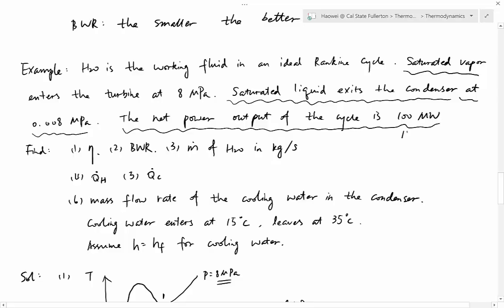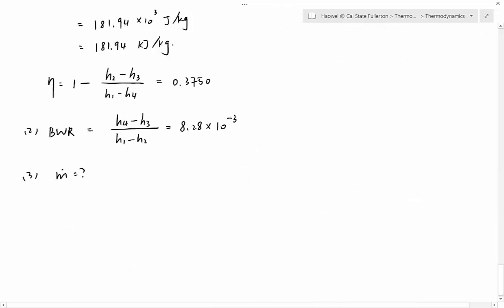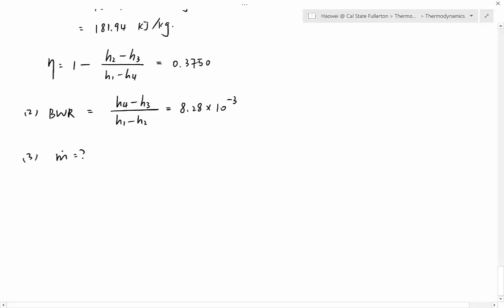And we told you earlier, this 100 megawatts must be W dot cycle, because the unit is watts, and watt is the unit for power. We did derive an equation for W dot cycle last time. The equation was W dot cycle over M dot is equal to (H1 minus H2) minus (H4 minus H3).